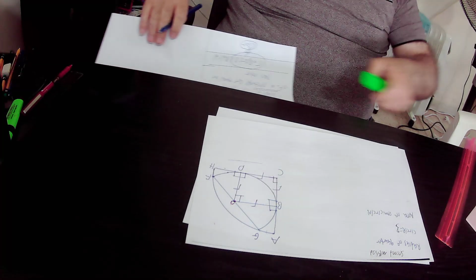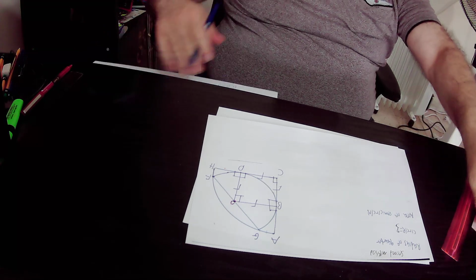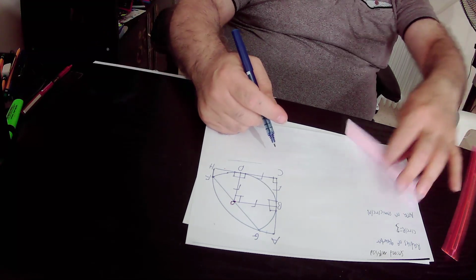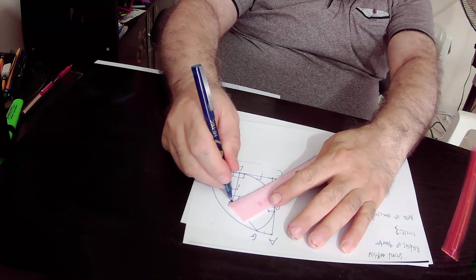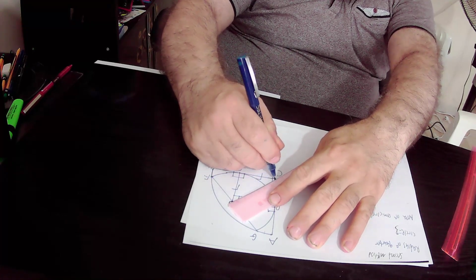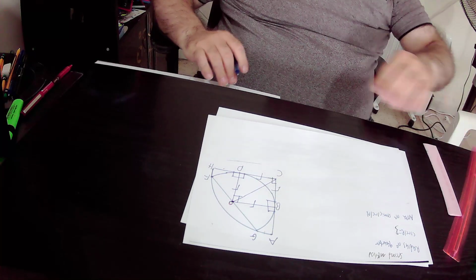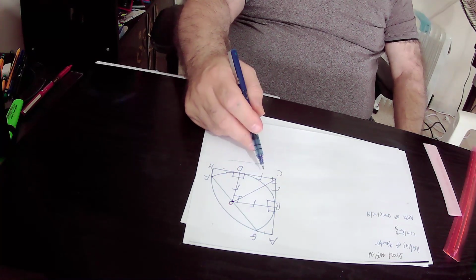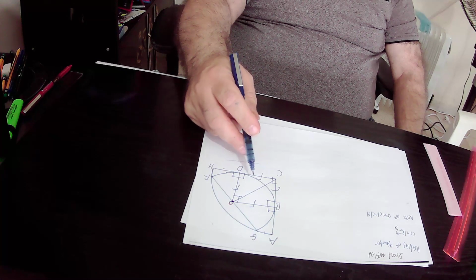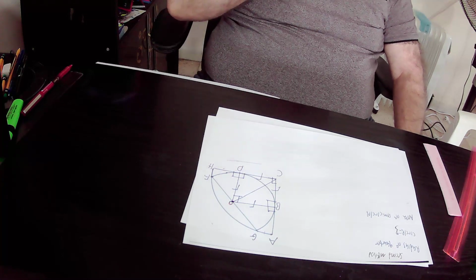In the next step, we will join points O and C together by a straight line. Line segment CO, or OC, is the diagonal of square BOCD.